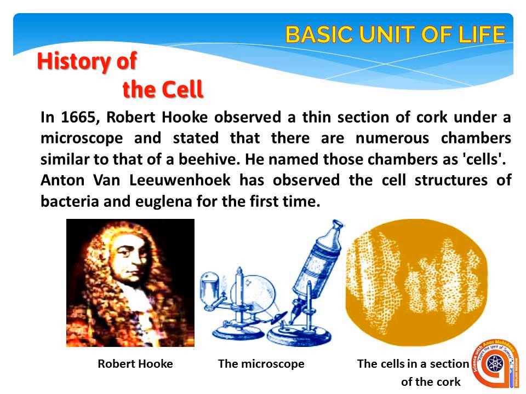And now there is another person, Antony van Leeuwenhoek. He is the first person to observe the cell structures of bacteria and euglena. You see, there are two different names with two different discoveries. Robert Hooke was the first person to observe cells.